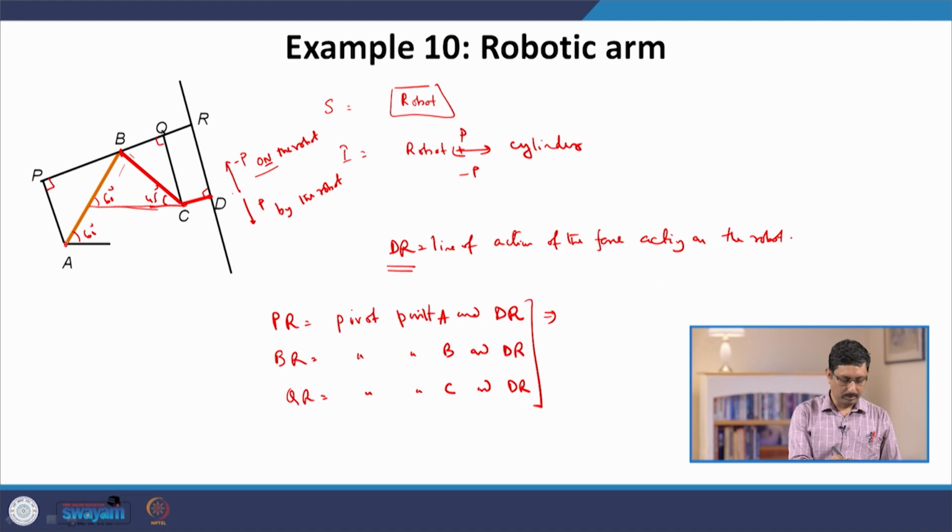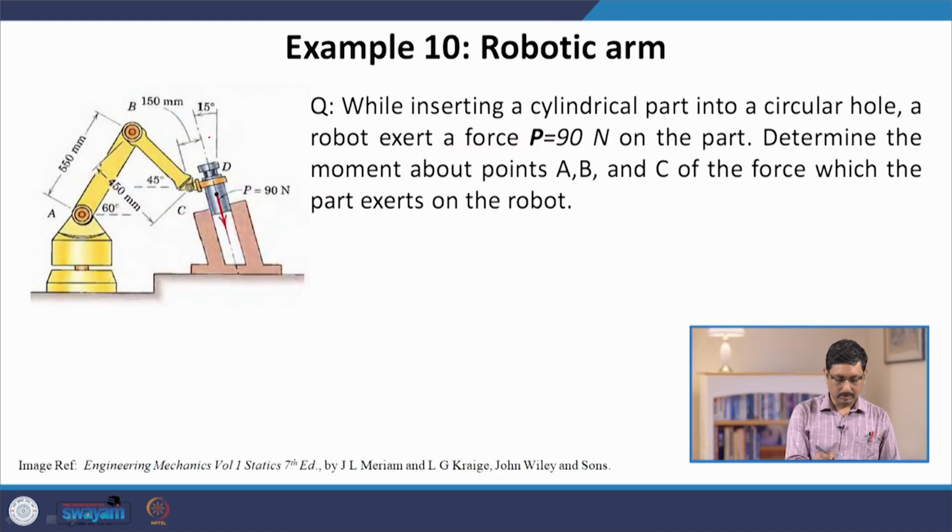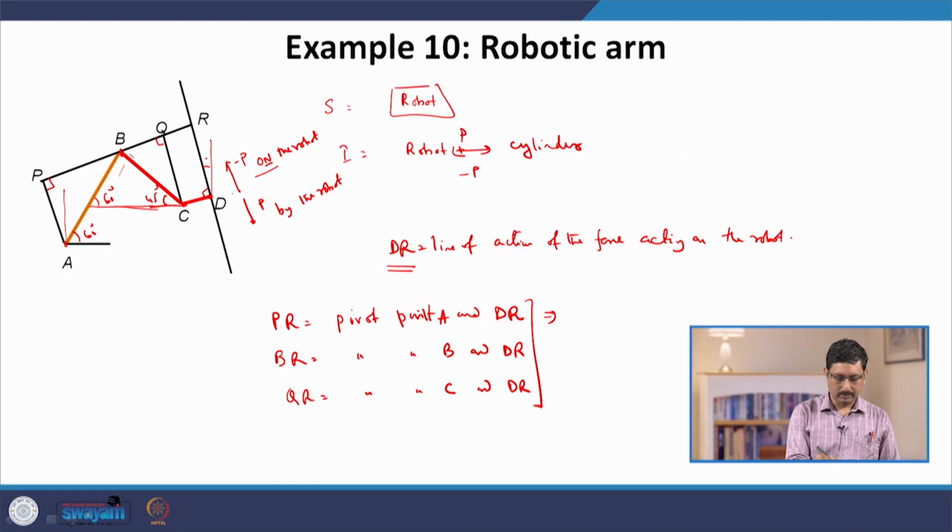Then if you draw a line here and a line here, this figure says that this angle is 15 degree. From the geometry, this must also be 15 degree, and this is 90 degree. So, this is 60 degree, this must be 30 degree, and this angle must be 45 degree.